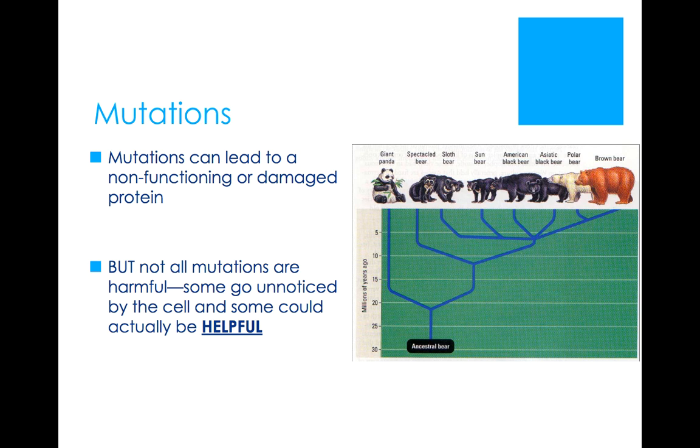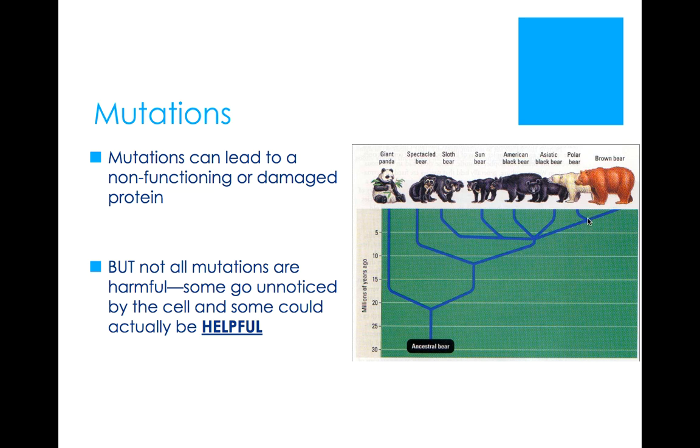And then some mutations happen and they actually end up being beneficial, okay? So for example, back here, we've got the ancestor of all the bears around 30 million years ago. Mutations happen in our DNA all the time. And when we get a mutation that's helpful, you often see splits in the population. So for example, polar bears and brown bears come from the same ancestor species here.